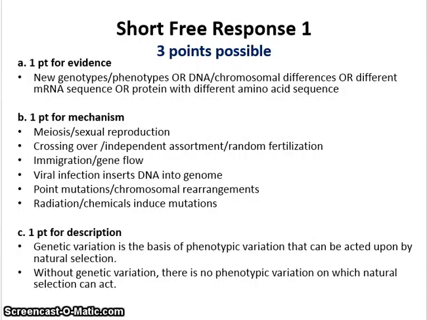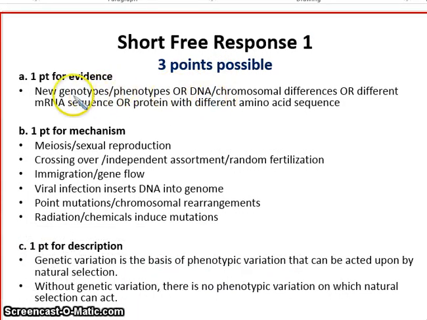All right, so evidence that genetic variation has taken place, we see new genotypes. Let's just highlight. We see new genotypes or phenotypes, or new DNA chromosome differences, or different mRNA sequences or proteins with different amino acid sequences, somehow indicating that there are new genes entered into this population.